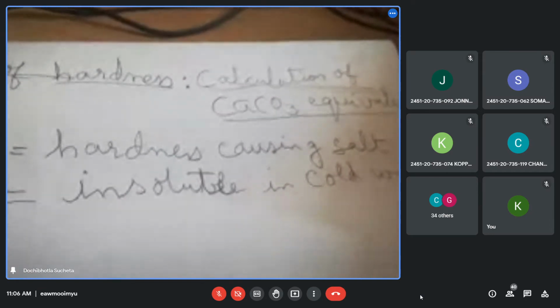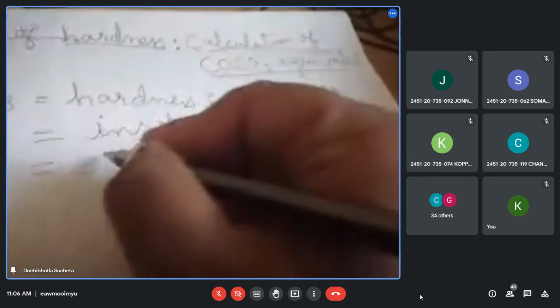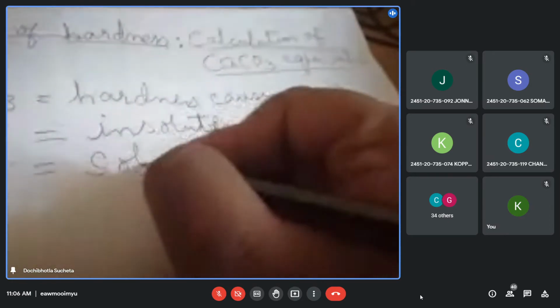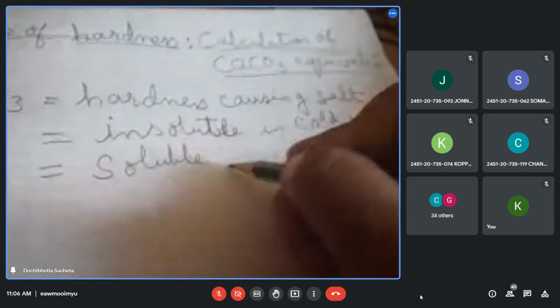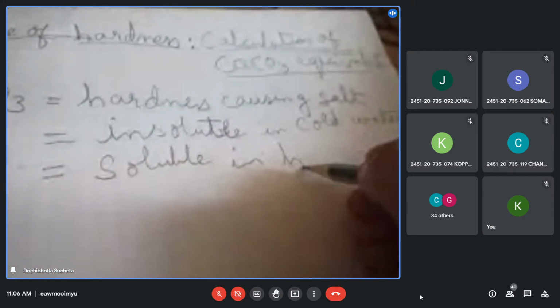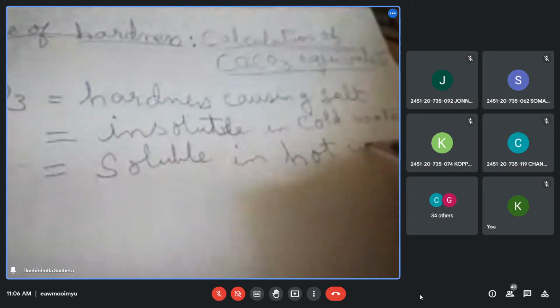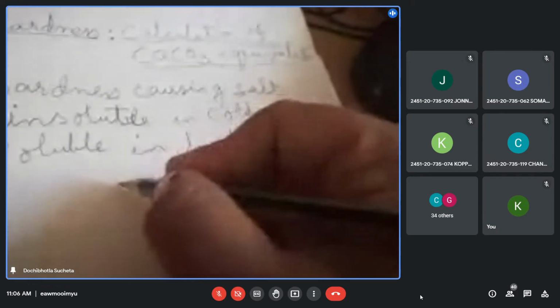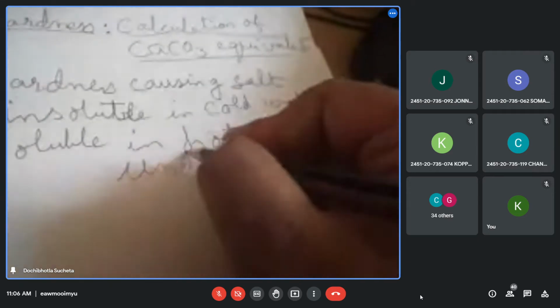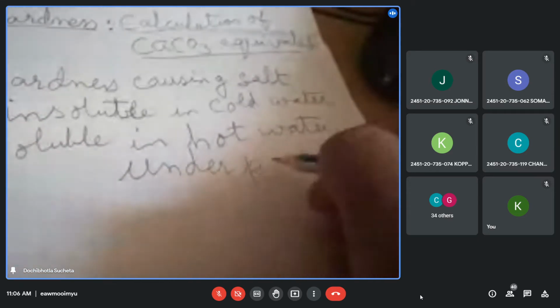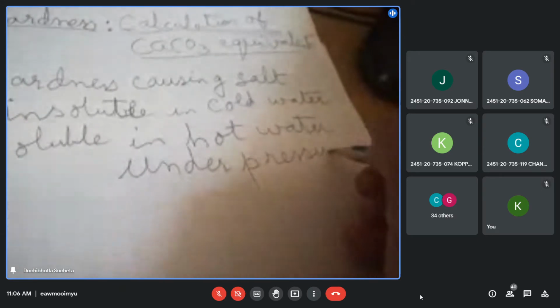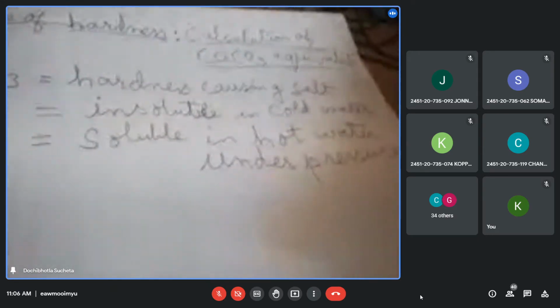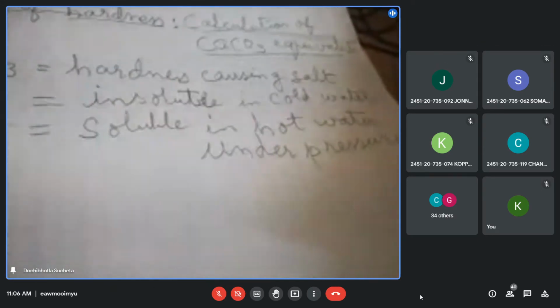In which water is it soluble? Soluble in hot water under pressure. That's the next point.